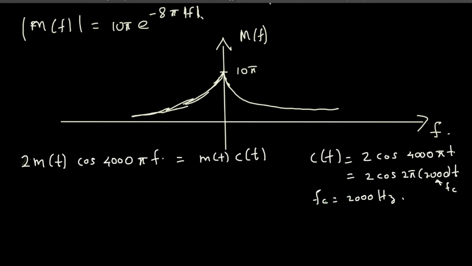Since fc is 2000 Hertz, then the spectrum center is going to be located at 2000 left and right, because when you do the Fourier transform of this one, it's going to shift it based on the carrier frequency. For example, for this signal, if you do the Fourier transform, it's going to end up with the DSB-SC spectrum.